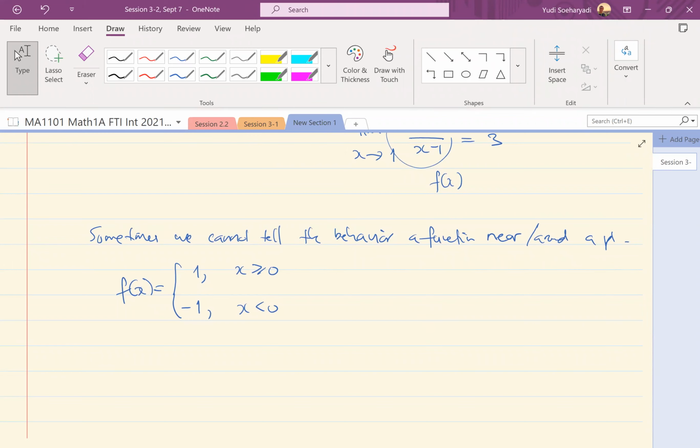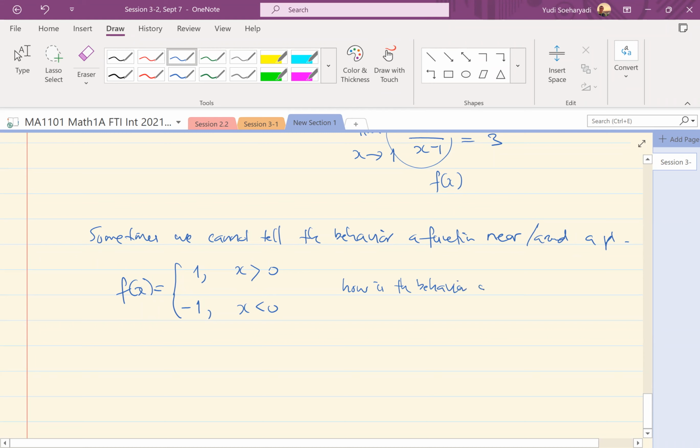So let's see. So the question is, let's remove this one first. Okay. So the question is, how is the behavior of f near x equal 0?